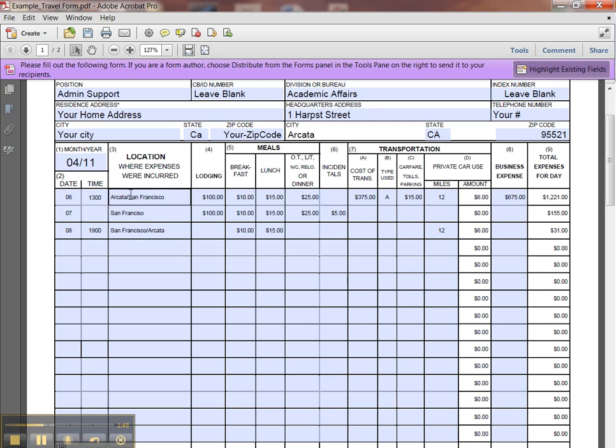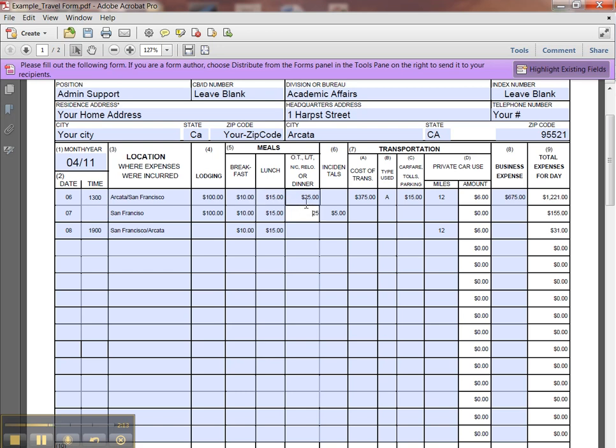I flew out of Arcata Airport to San Francisco Airport at this time on this date. My lodging while in San Francisco was $100. I stayed there for 2 nights, so $100 for each day. My breakfast was $10, lunch was $15, dinner is $25. The maximum that you can spend on meals is $50 per day.